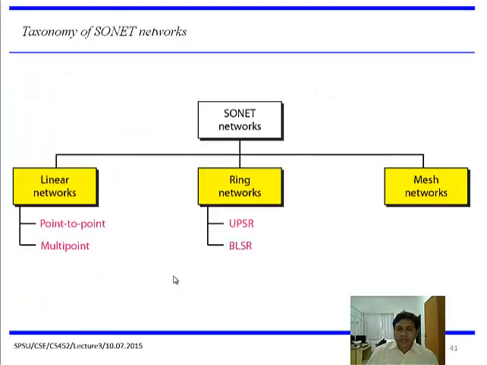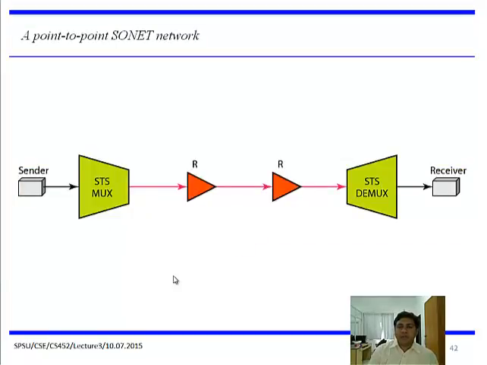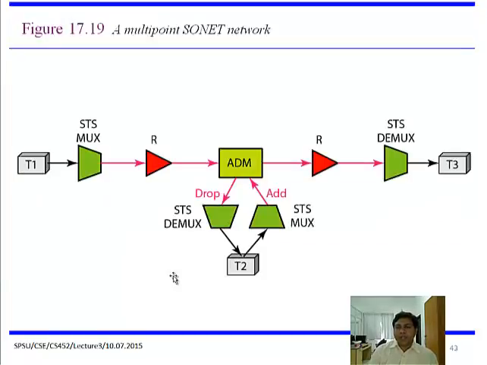So let's understand the SONET network. A SONET network has three types: linear network, ring network and mesh network. Linear can be point to point or multi-point. Ring network is UPSR or BLSR, and mesh can have two types: partial mesh and fully mesh. This is a point to point.